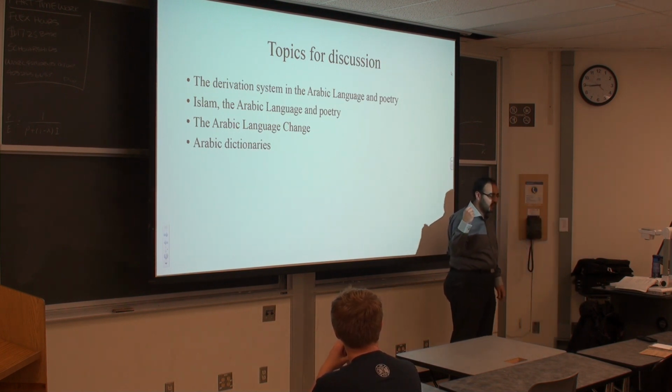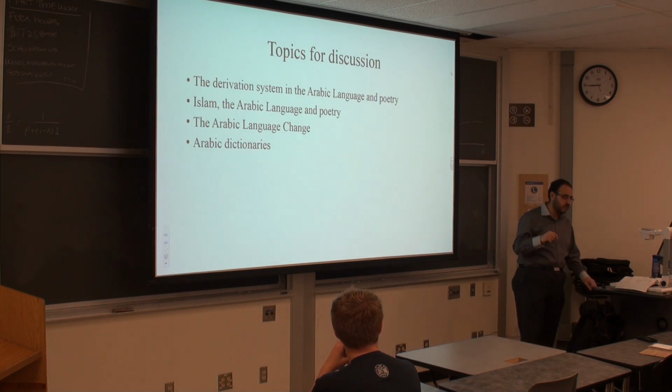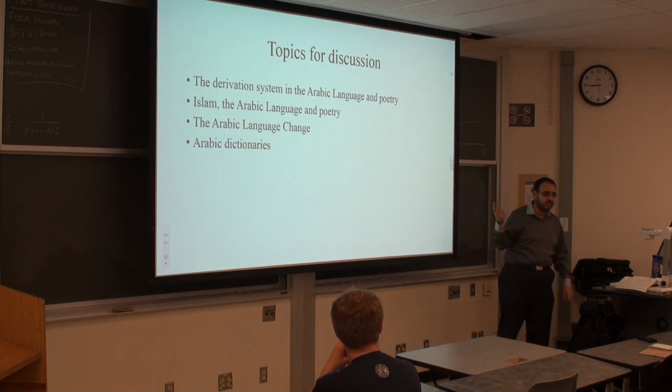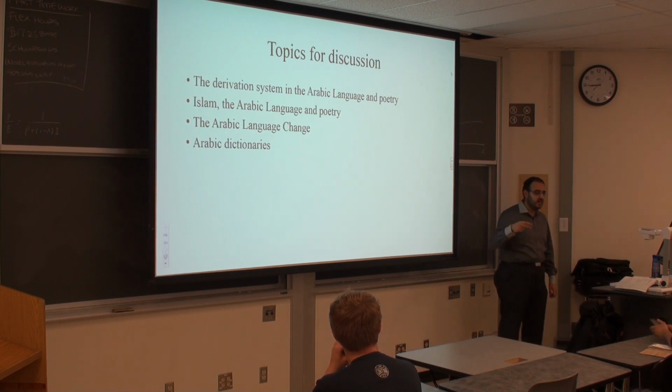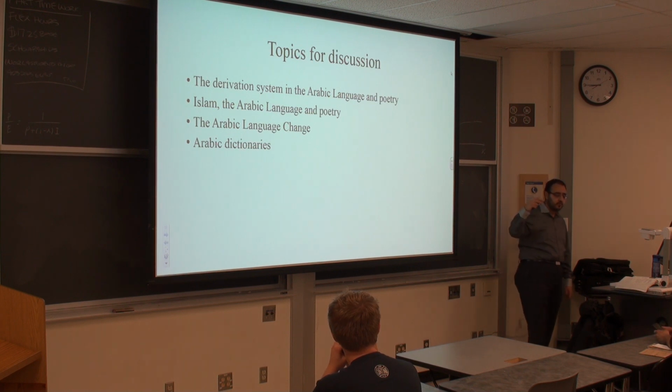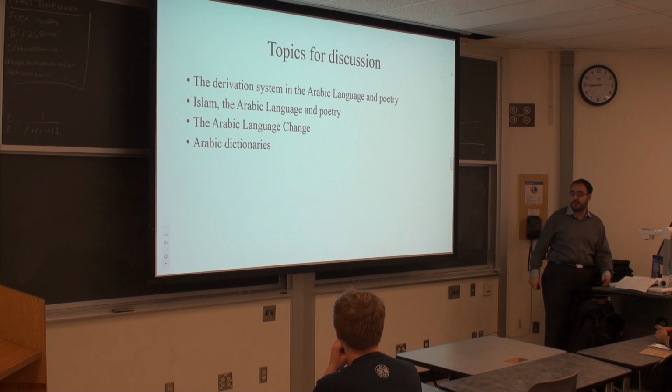Unlike poetry, Islam and Arabic, as you know, have had bonds that have been unbreakable since the dawn of Islam. Without Islam, Arabic wouldn't have survived that long. And without Arabic, Islam wouldn't have been taught and wouldn't have spread like it has spread.